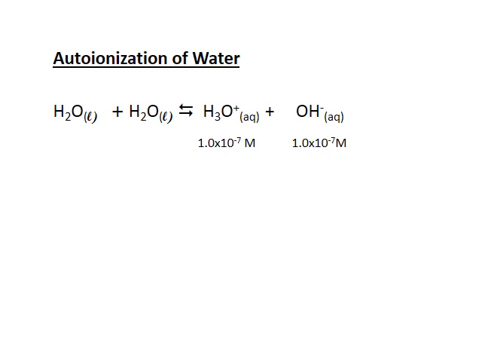Sometimes rather than using these really small concentrations, we'll use a logarithmic factor that relates the concentrations, and we call that the pH. So if I take the negative log of my hydronium ion concentration, I get the pH, and in this case it's 7.